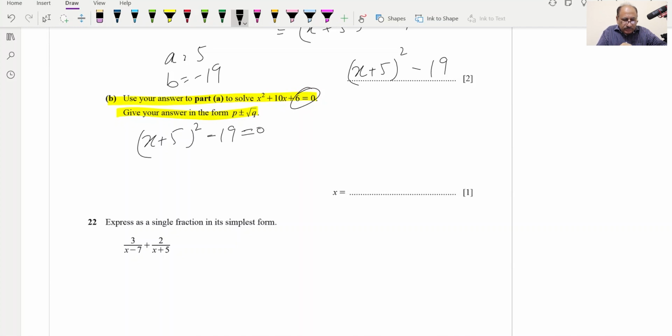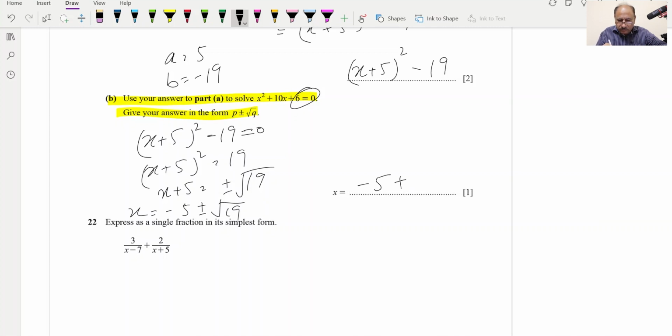We'll shift minus 19 to the other side, so we'll get x plus 5 squared is equal to 19, and x plus 5 will be equal to plus minus the square root of 19, and 5 also we can shift to the other side, so it will be x is equal to minus 5 plus minus square root of 19, and this will be our final answer for this part.